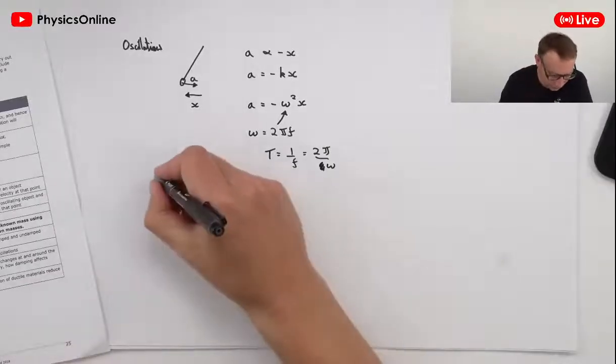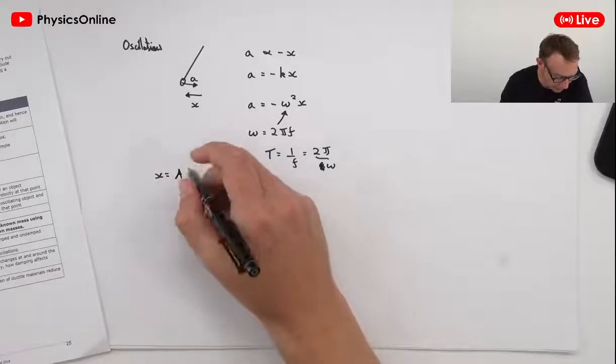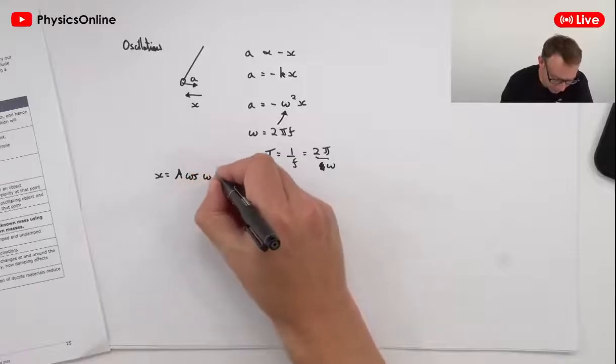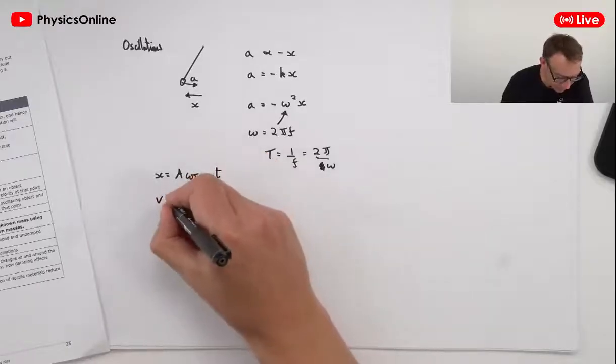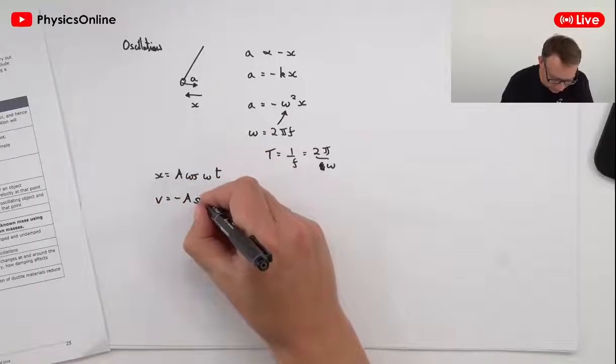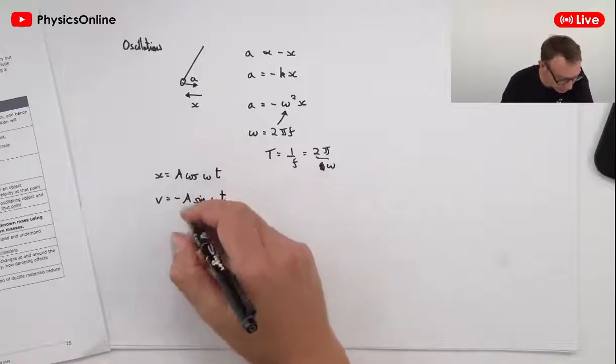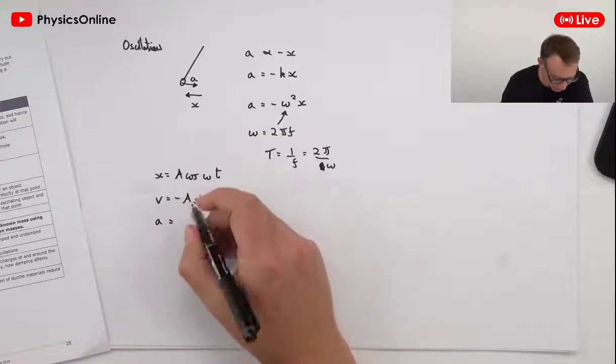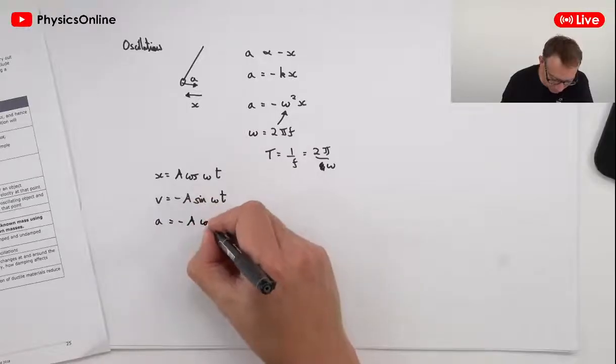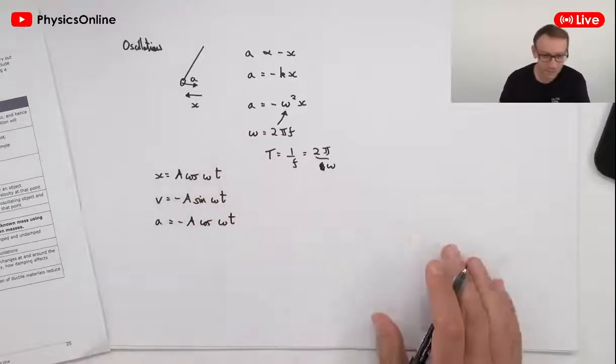The other ones are that x equals a cos omega t, v is equal to minus a omega sine omega t, and a is equal to minus a omega squared cos omega t.